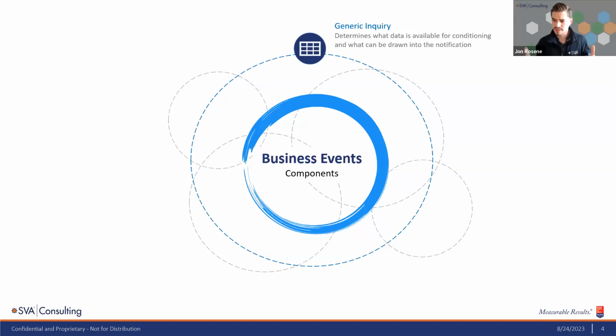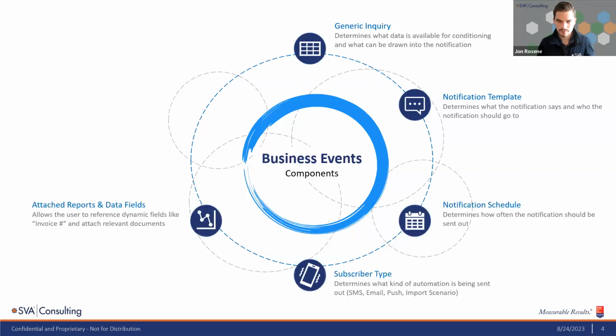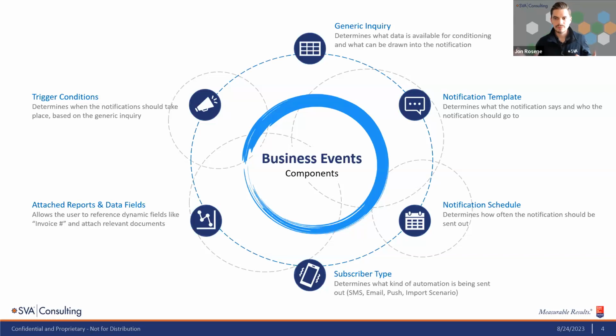And that business event is a trigger. As we take a look at a few of the components here, and I'm just going to advance these forward, we have a number of things that surround the business events. We can have generic inquiries that define certain fields for which we monitor to say if this information changes, I want to distribute communication, or I want to perform a change in the system.